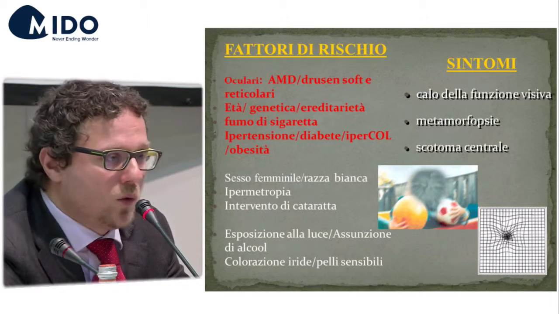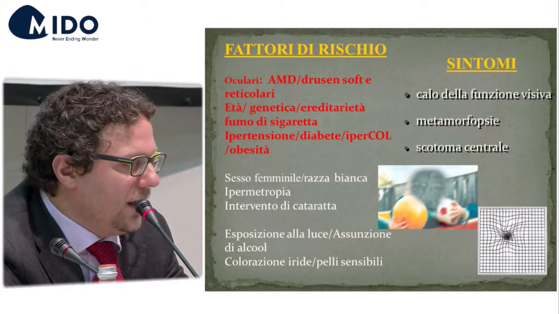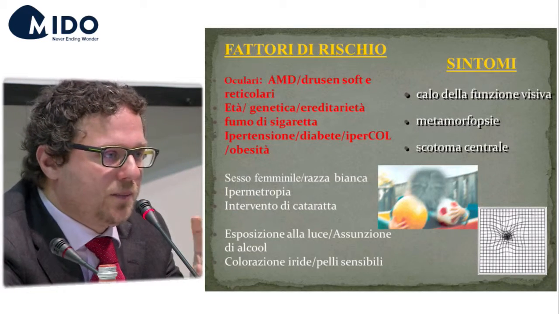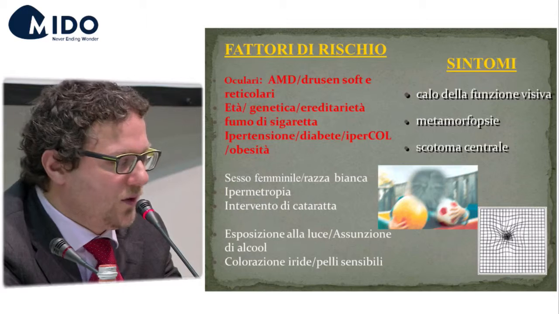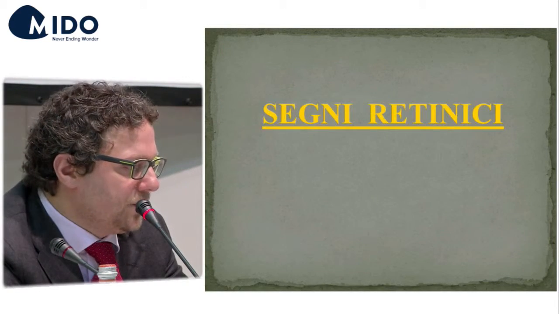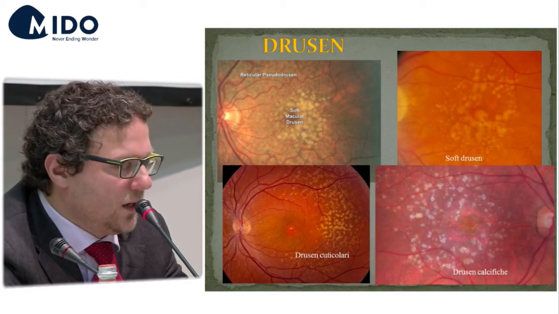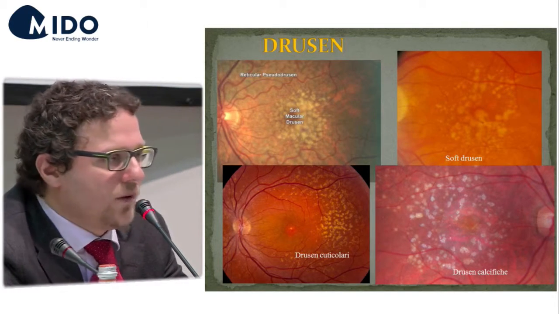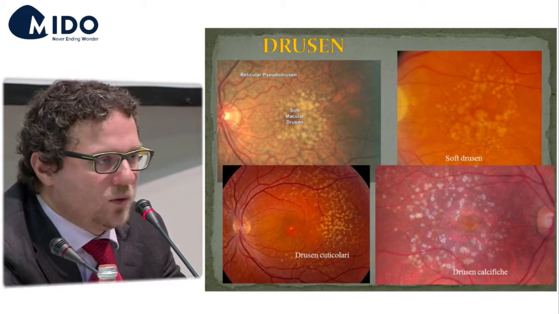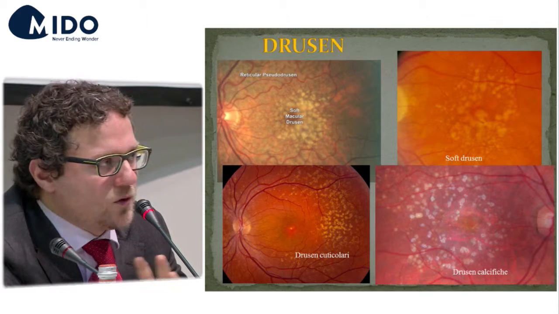Maculopathy leads to progressive decrease in vision and fixed central spot. The patient can't read, can't see near, so it's highly disabling. And you see, retinal signs of the initial form are Drusens, and we have various types of them.